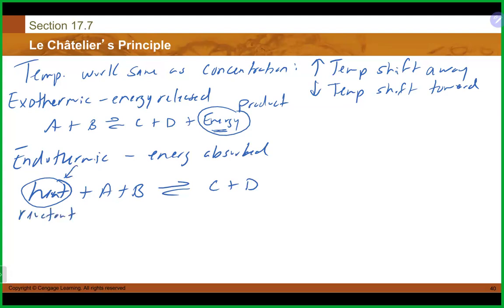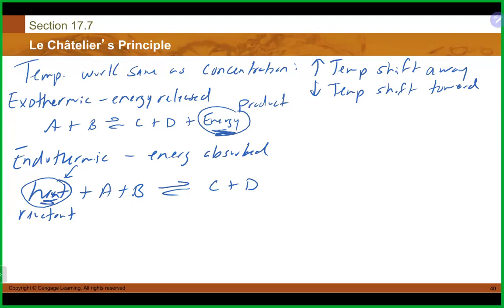And that is how we know which side the temperature value is on. Is it on the reactant or the product, depending on whether it's exothermic or endothermic? How do you know if it's an exothermic or endothermic reaction? Well, they could just write energy or heat on one side or the other, and that would tell you.